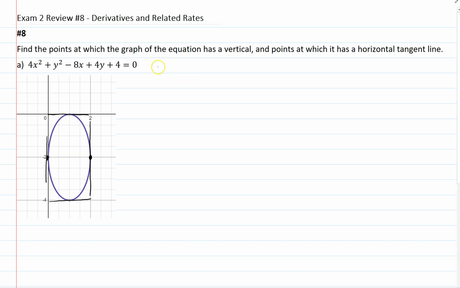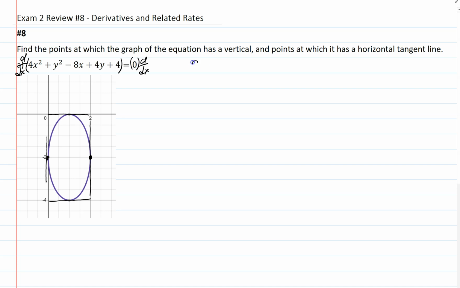So first, take the derivative of both sides with respect to x. The derivative of 0 is 0, so we'll have 0 on the right hand side.